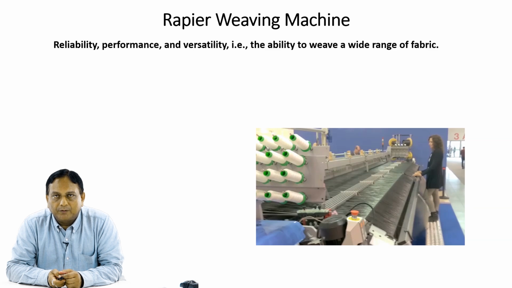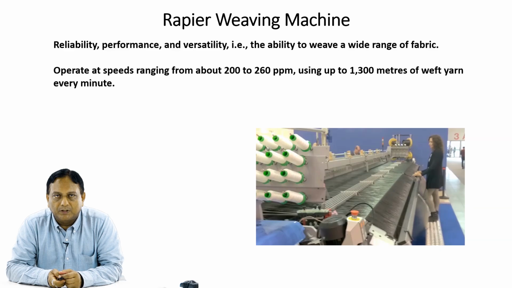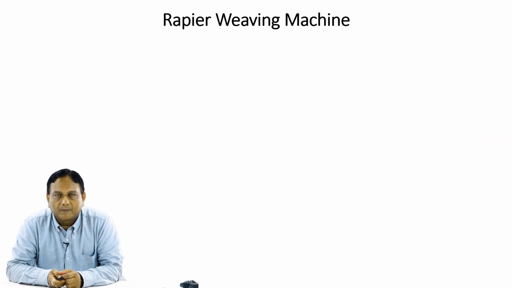It has the ability to weave a wide range of fabrics, so that's why it is very popular. It operates at a very high speed, ranging between 200 to 260 ppm, using up to 1300 meters of weft yarn every minute. So it is one of the fastest weaving machines in the shuttle-less category.